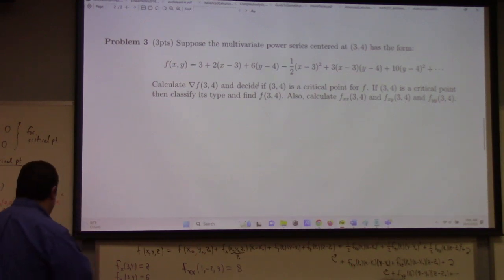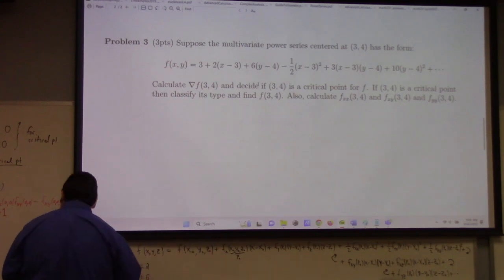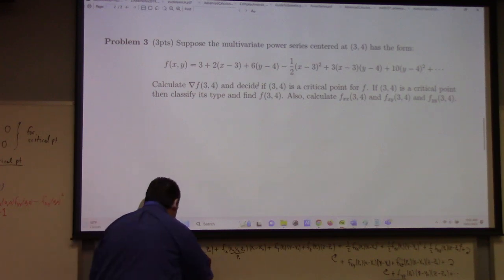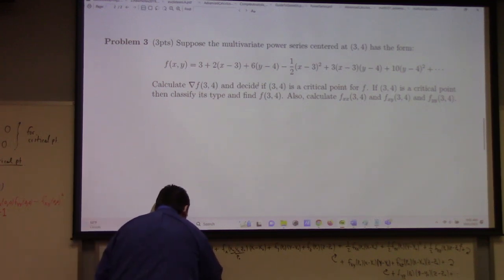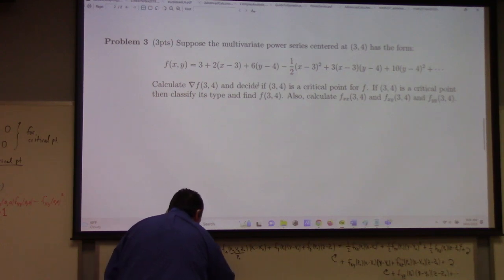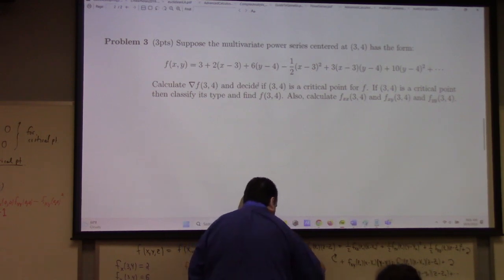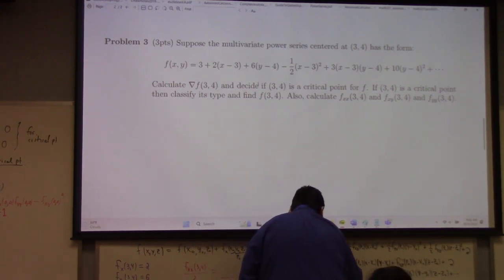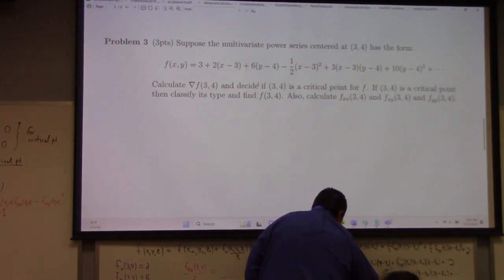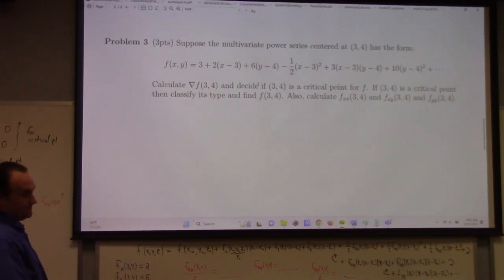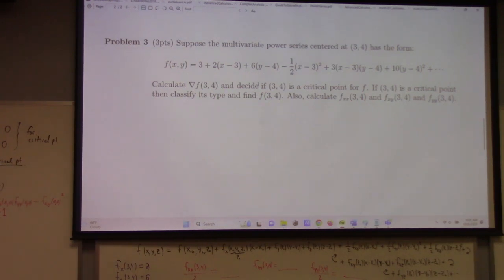With that in mind, we have the equations: fxx at 3, 4 divided by 2 equals fill in the blank, fxy at 3, 4 equals fill in the blank, and finally fyy at 3, 4 divided by 2 equals fill in the blank. So you guys fill in the blanks for me. It's just pattern matching.